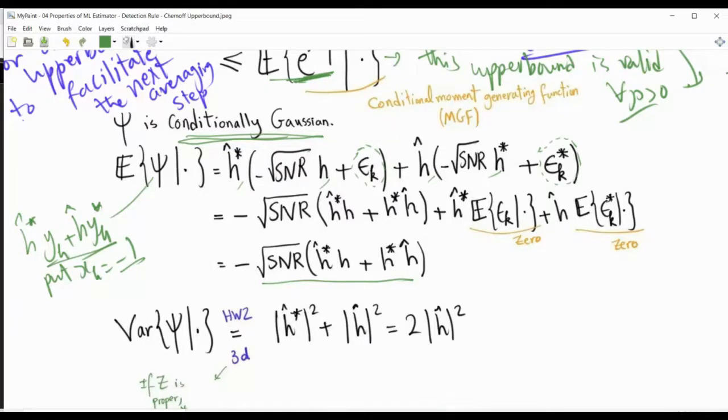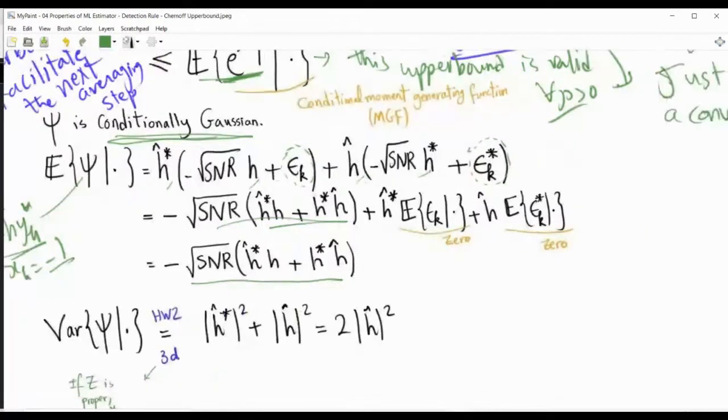For the variance, this part here is a constant, and the variance of a random variable plus a constant is exactly equal to the variance of the random variable. So now you want the variance of h hat epsilon k plus the given.